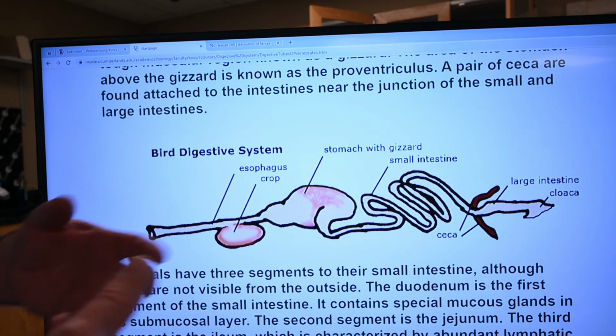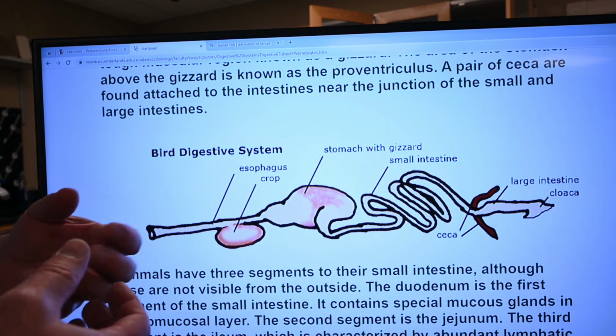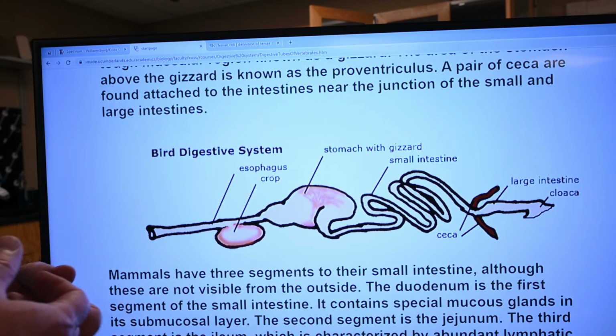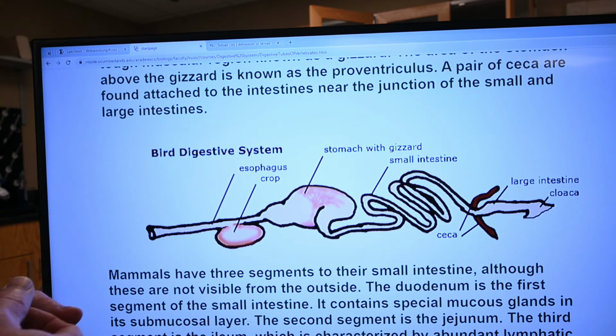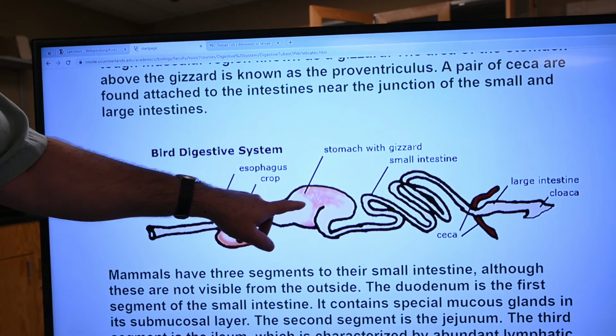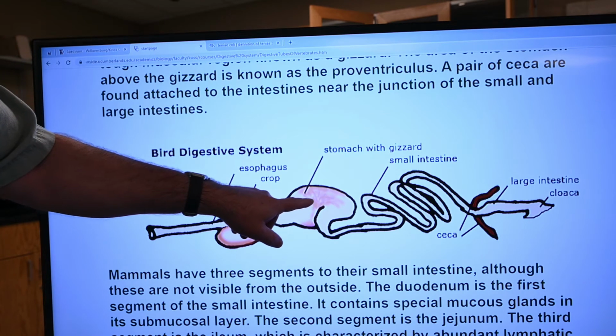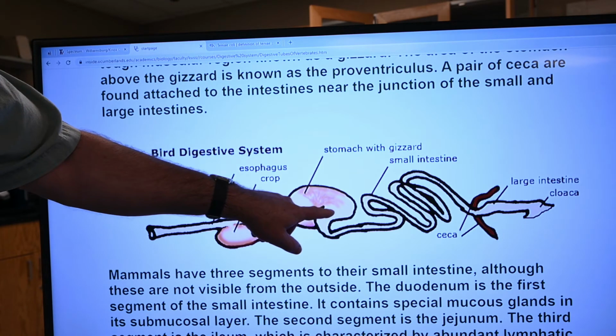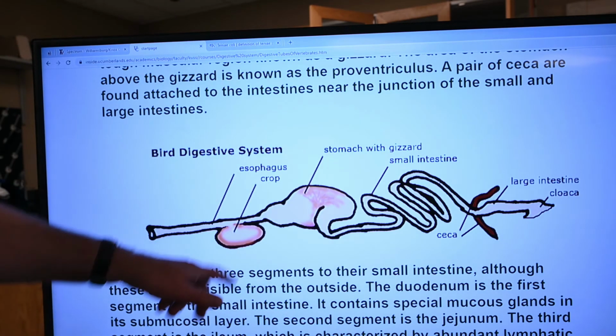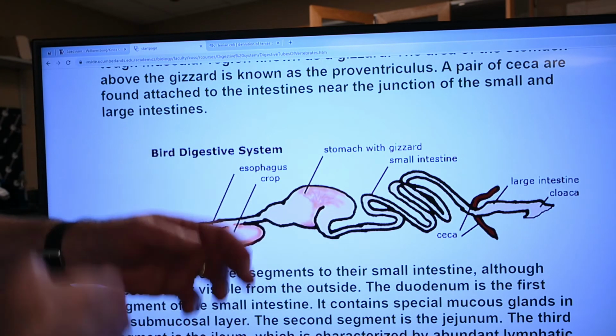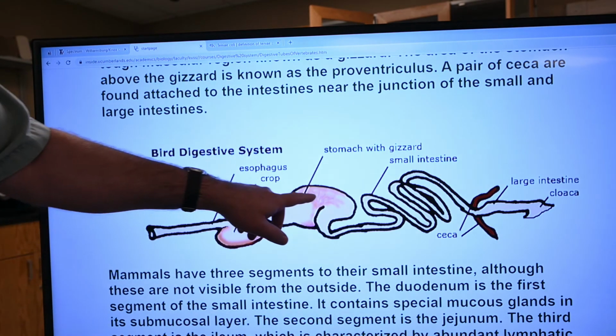And it's used to grind up things that are more difficult to digest, hard seeds and so on, that an animal might ingest, or even bones in some cases. Many birds will eat small bits of grit and rock to keep in their gizzard so that it helps them to grind up things in the gizzard.